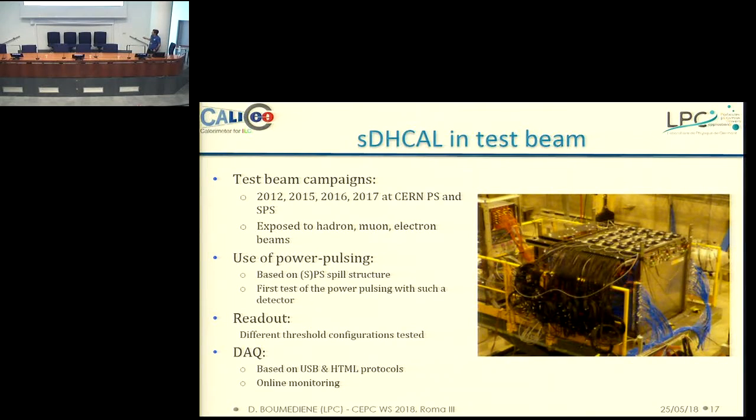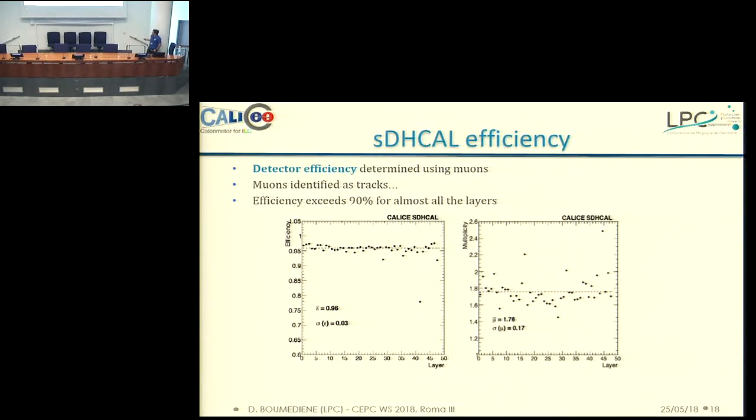So it was tested in test beam from 2012 to 2017. One of the important points is that this is the first test of the power pulsing with such a detector. And as for the HCAL, the performances were measured. You see here the efficiency per layer using muons. It's better than 90%, except for one pathological layer here.